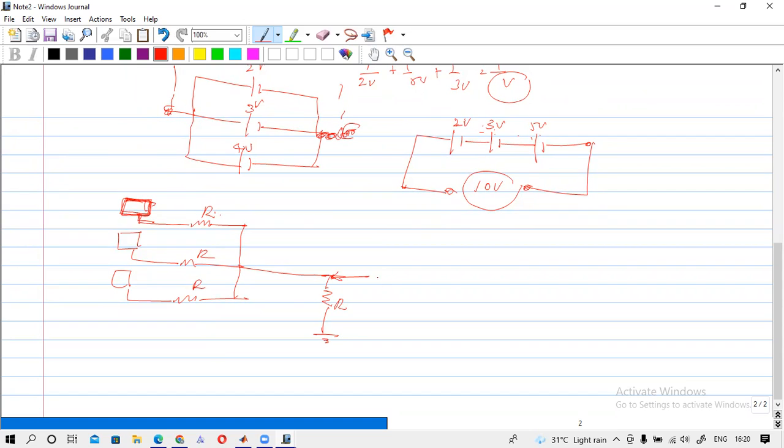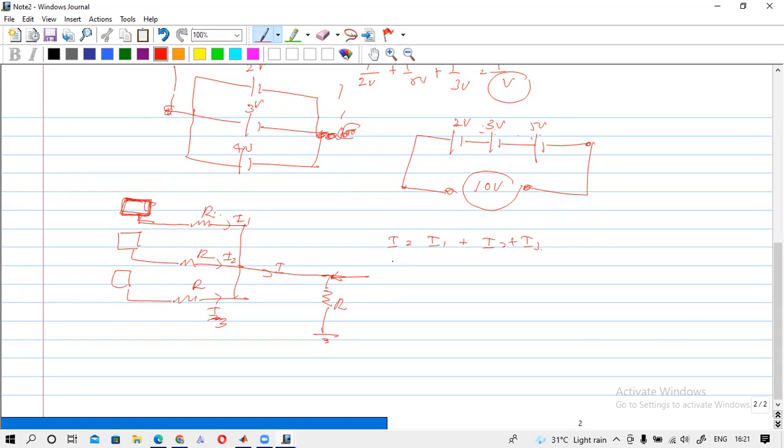How can it happen? Can anyone tell? Can anyone have an idea? You know that here the current is flowing, here also the current is flowing, and here also. These currents are not related to signals and systems: I1, I2 plus I3.